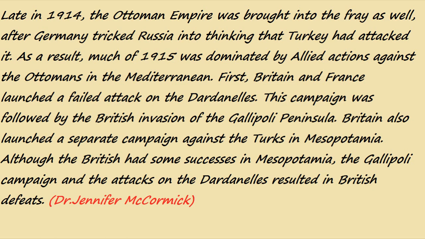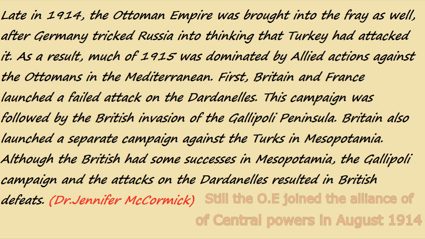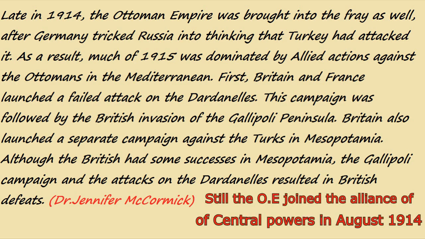So these ships were the Ottoman Empire's property, but they were controlled by the Germans. It resulted in a war that was mainly in 1915, and of course this war was dominated by Allied actions, because there was not only one.